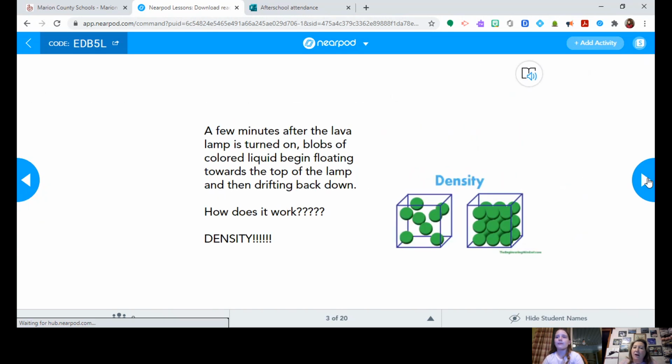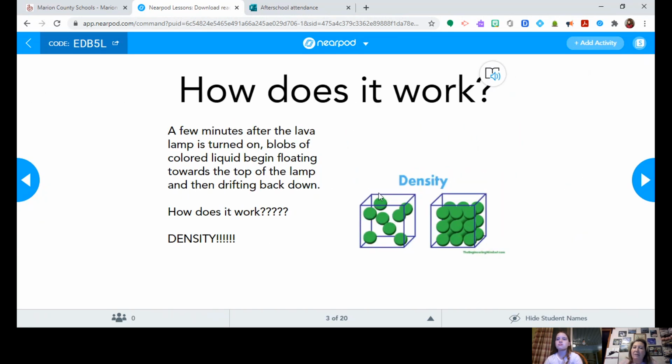Okay, so when we talk about density, what we're talking about is how much volume something takes up. Some people want to think about this as like weight. Something's heavier than something else. And when we talk about weight, most of the time we talk about what we call mass.